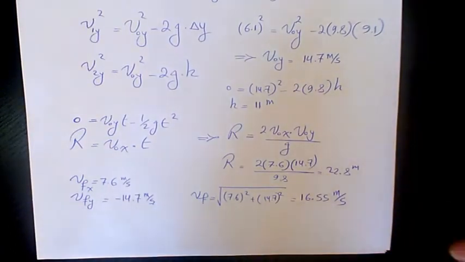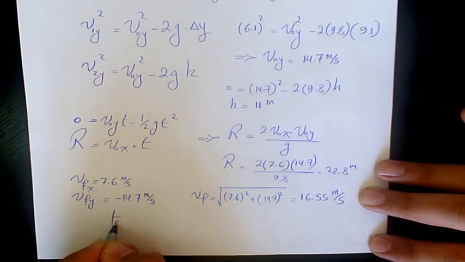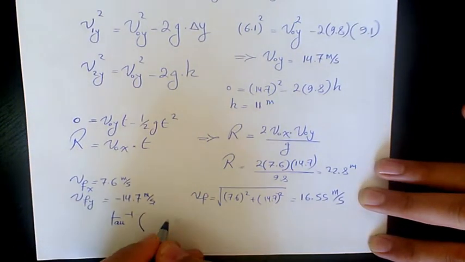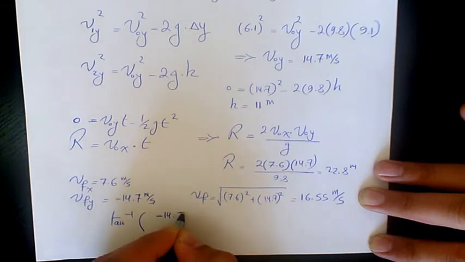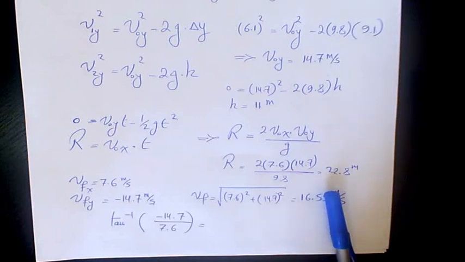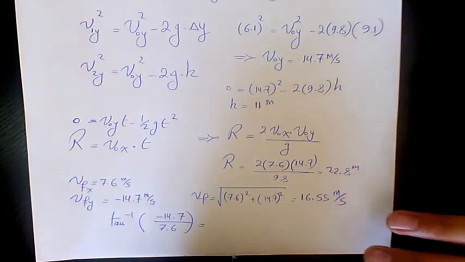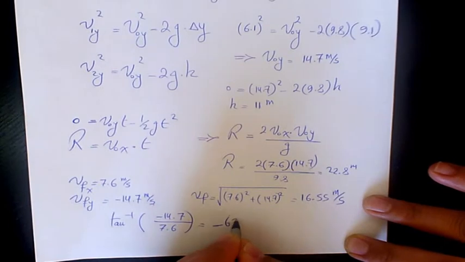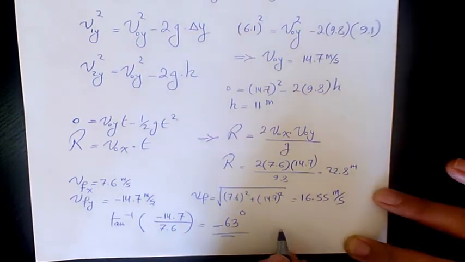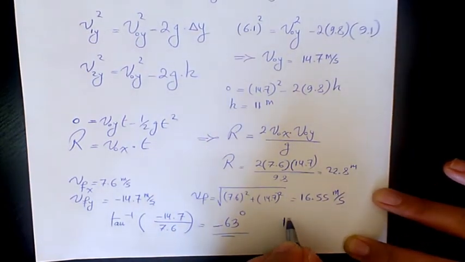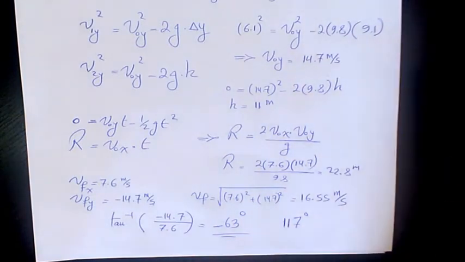If you want to find out the angle, it's going to be tan inverse of negative 14.7 divided by 7.6. It's going to make it around negative 63 degrees, or we can say it's going to be 117, because 180 minus 63 is going to be 117.